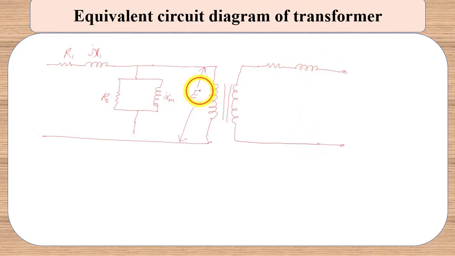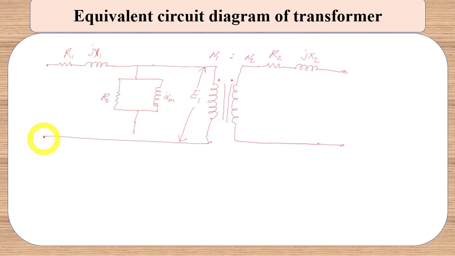This one is the EMF induced in the primary side, and this is a dot convention. N1 is the number of turns in the primary winding, N2 is the number of turns in the secondary winding. The ratio of primary to secondary is N1 to N2, and this resistance is similarly R2, and this is jX2.